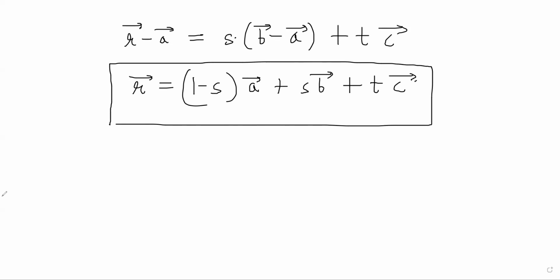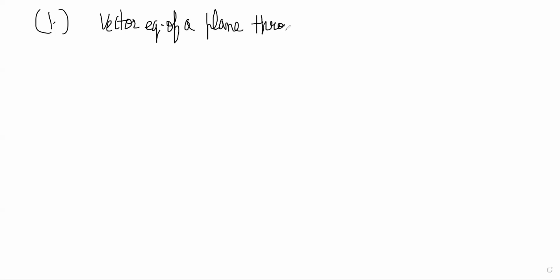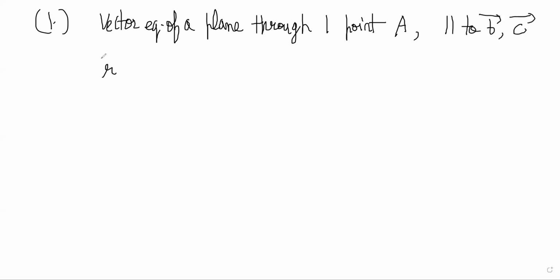So technically, we have seen two cases so far. Vector equation of a plane through one point A parallel to B and C. In that case, my equation was R is equal to A plus SB plus TC.